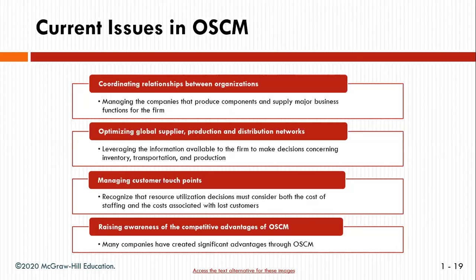Many companies have created significant advantage through operation and supply chain management, like Amazon, one of the top big companies. There are so many of them that don't produce. They really are the middle for the operation and supply chain.